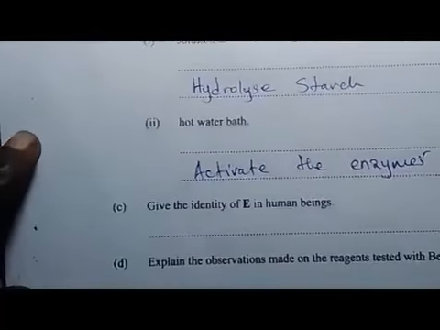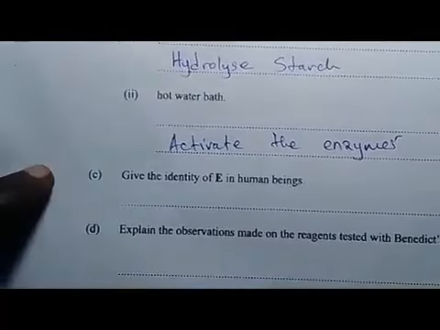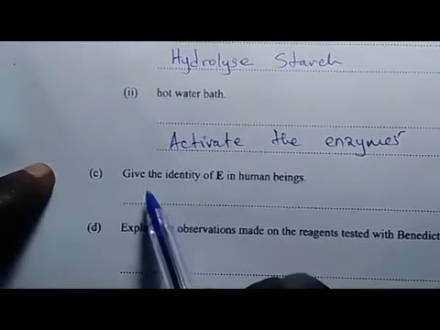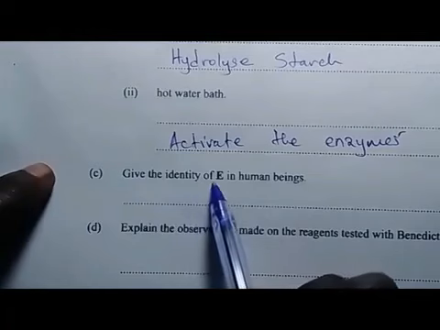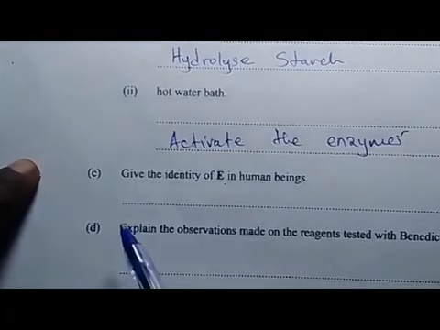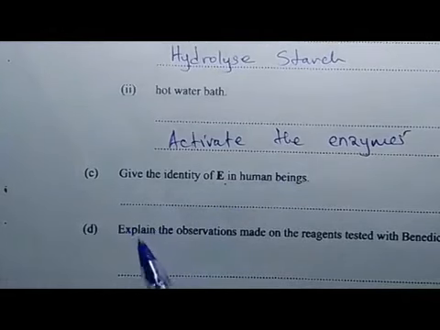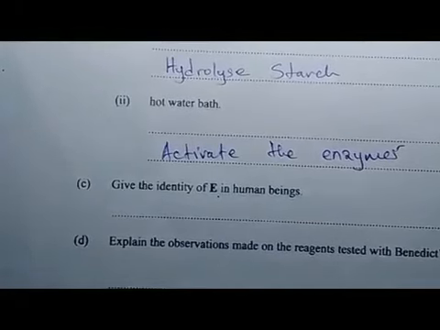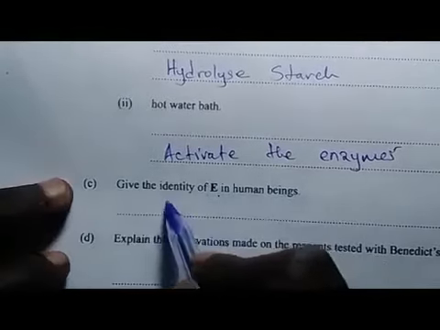So now you need to have knowledge in nutrition and in animals. Give the identity of E in human beings. Now you should be able to know that the enzyme that breaks down starch is the salivary amylase.